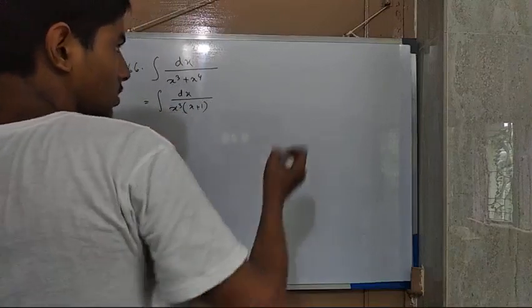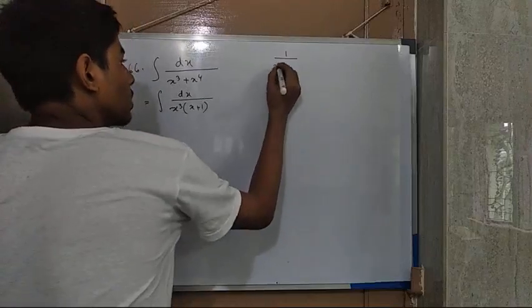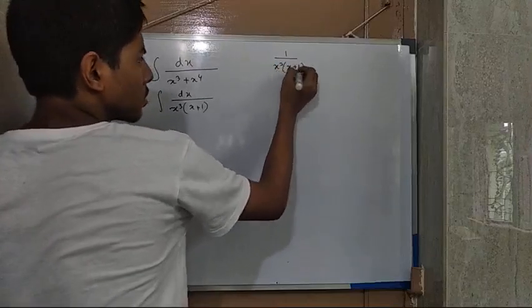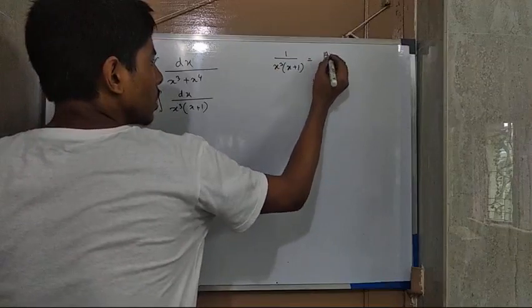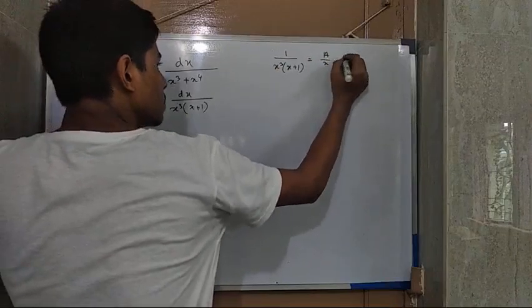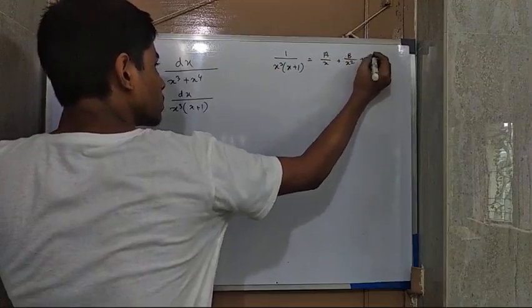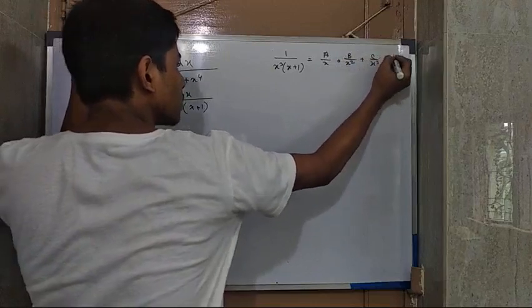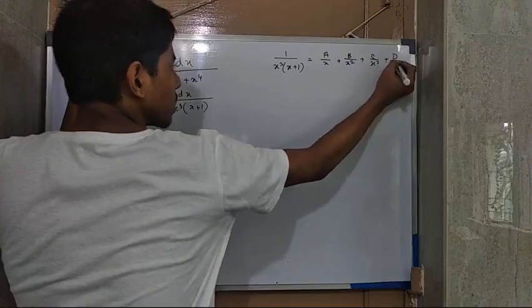Now partial fraction is this: 1 by x cube times x plus 1 is equal to a by x plus b by x squared plus c by x cube plus d by x plus 1.